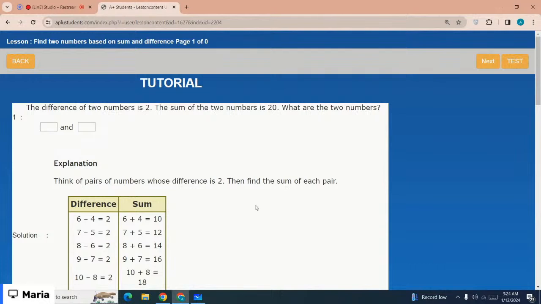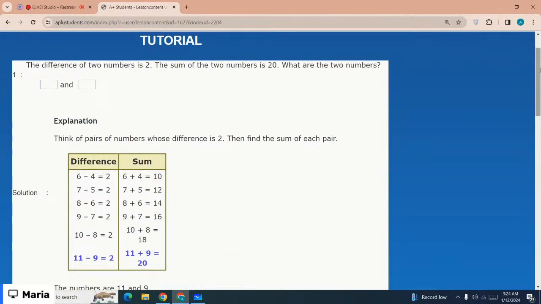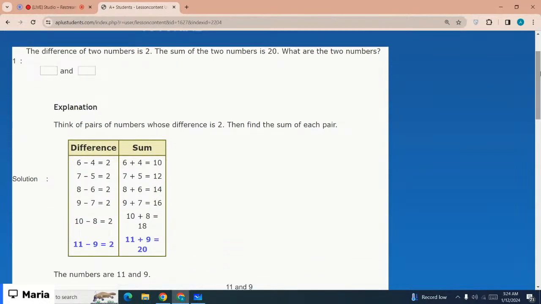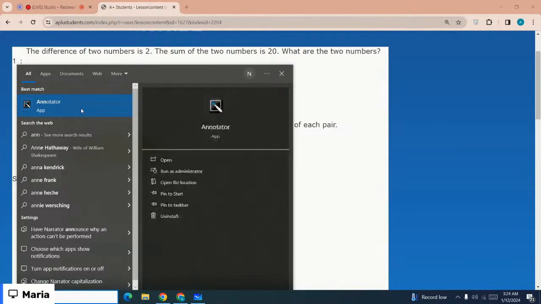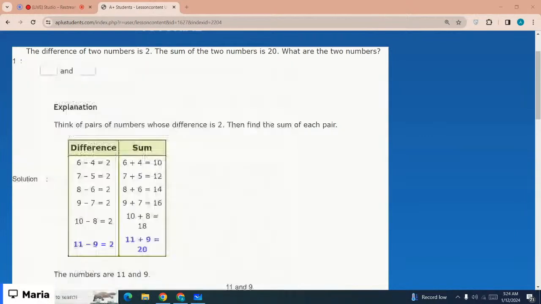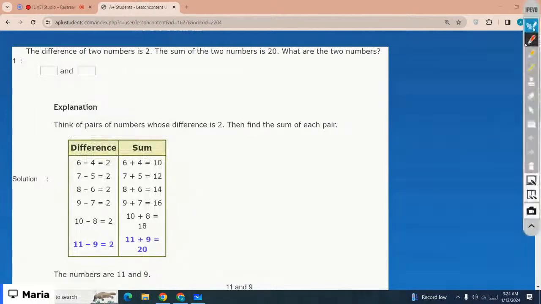So you have to start with making different combinations of the numbers and see their difference and the sum, right? Like you can make a table of sum and differences. Here you can see the differences, like 6 minus 4 is 2, but when you add they make 10.